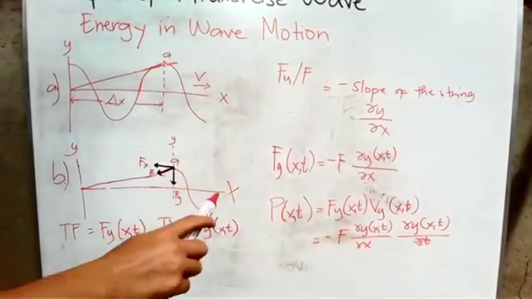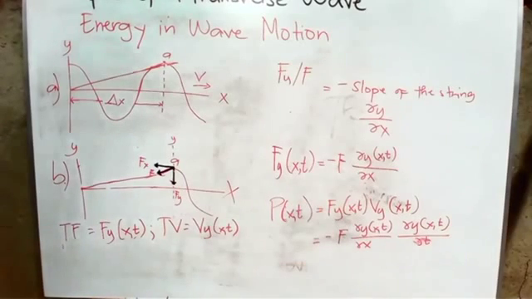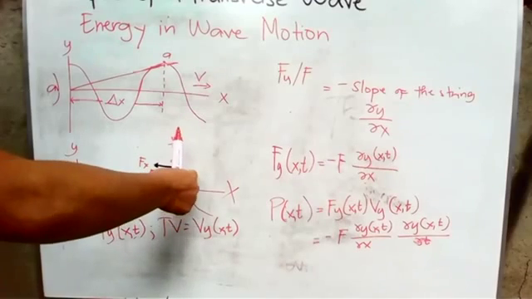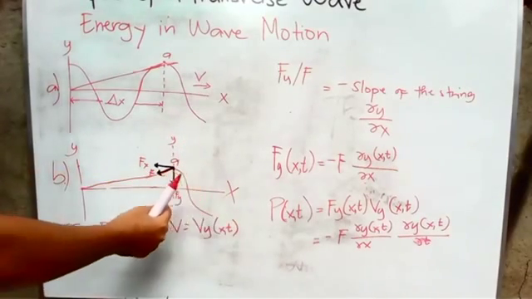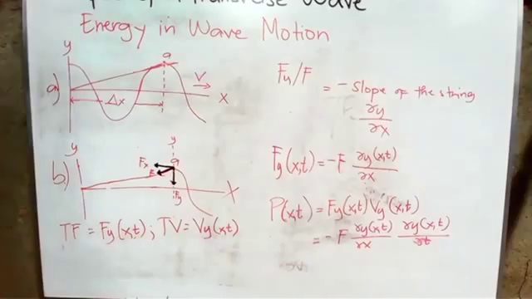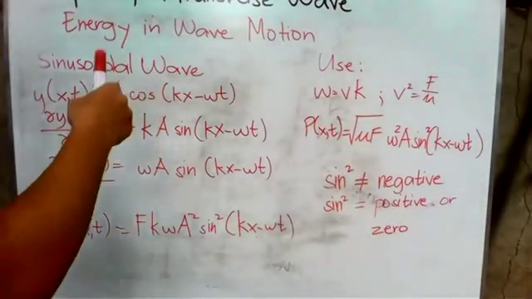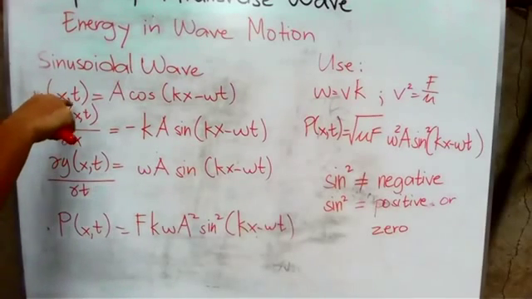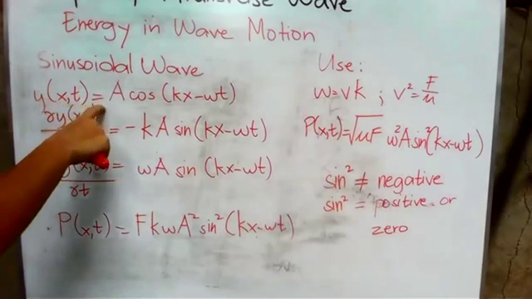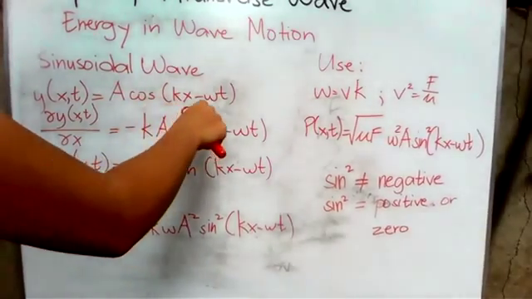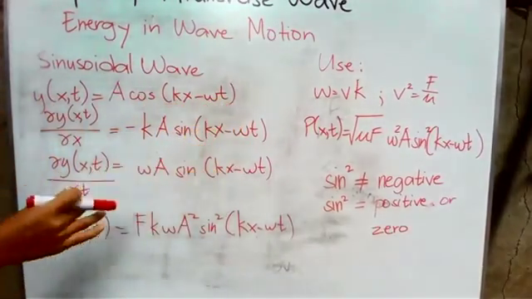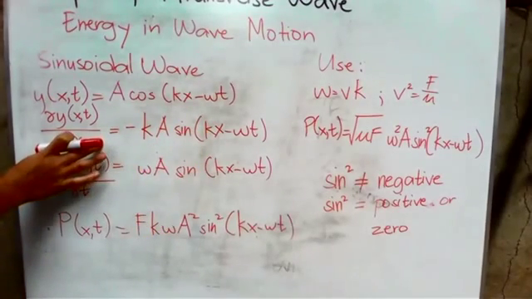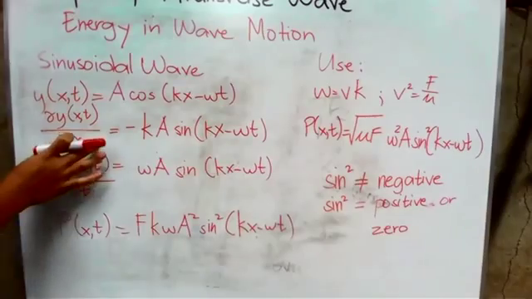Note that energy is being transferred only at points where the string has non-zero slope, where the string has a non-zero velocity. So for a sinusoidal wave given by the function y as a function of x and t equal to a cosine of kx minus omega t, in order to get the power, first we derive with respect to x.